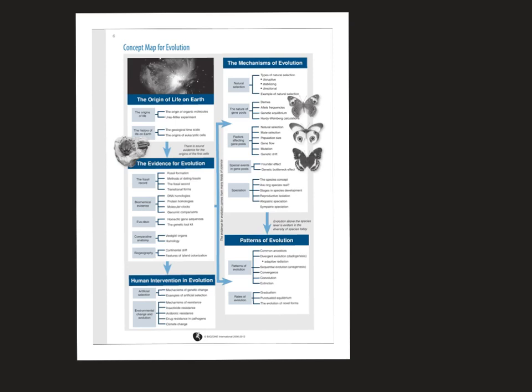And obviously it's going to be important for you to understand the origins of life, the evidence that supports evolution, the human interventions in evolution, the mechanisms by which evolution occurs, and the patterns that evolution creates that allow us to predict future events or to predict how one species is related to another. So you don't have to memorize these orders, but you can see this is foreshadowing what we're going to be covering through the whole unit.